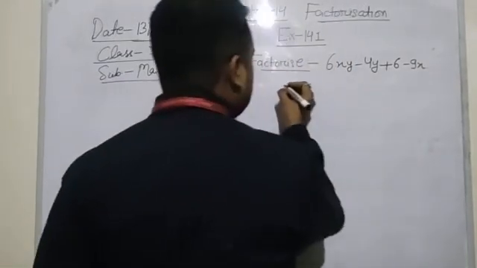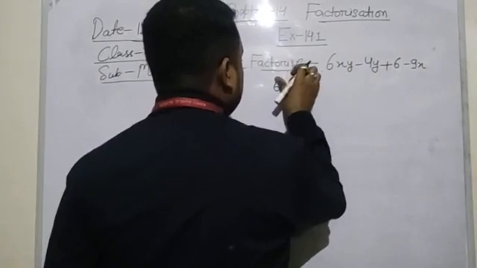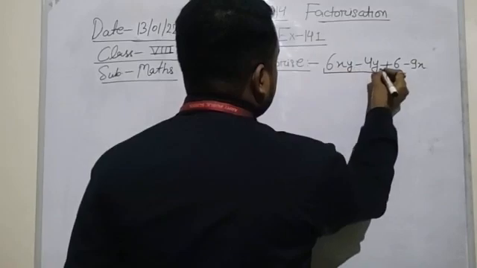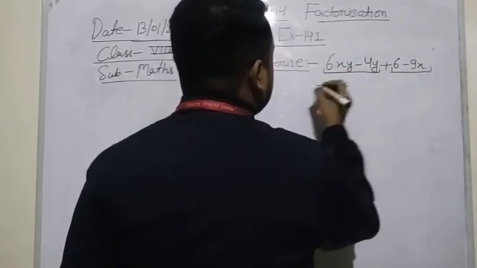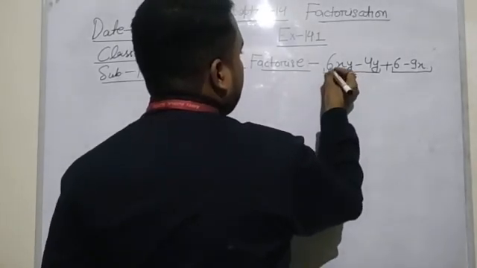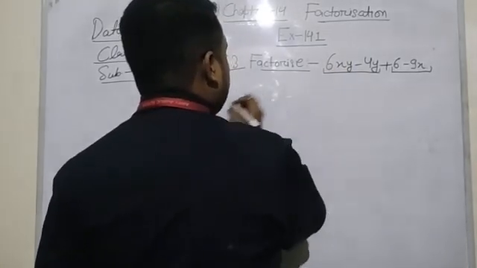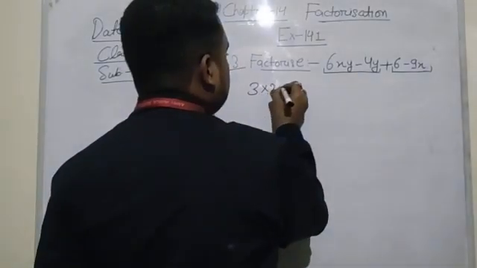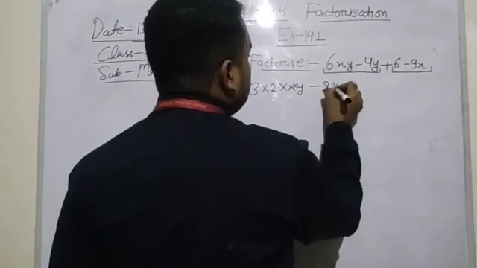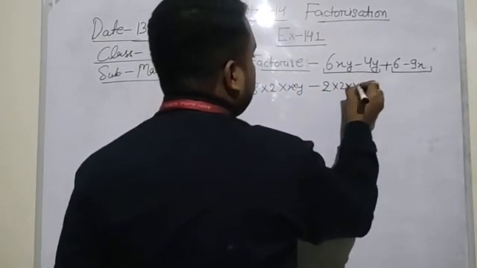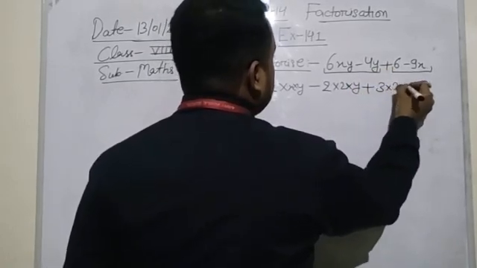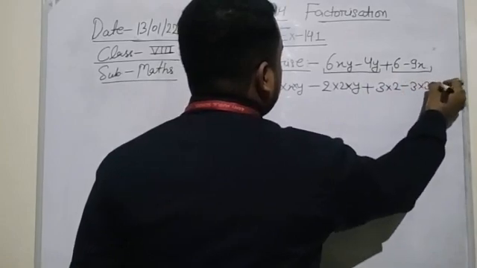So here, first we make groups. Make a group of 2 terms, then another 2 terms. When you take these 2 terms, this can be written with factor 3 into 2, or 2 into 3 into x into y, minus 2 into 2 into y, or 4y, plus 6 is 3 into 2, minus 3 into x.